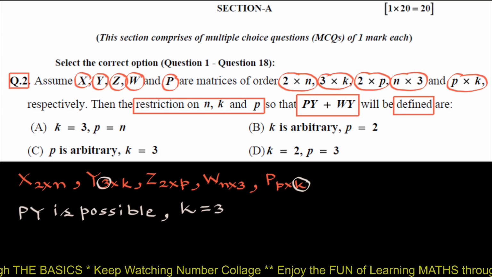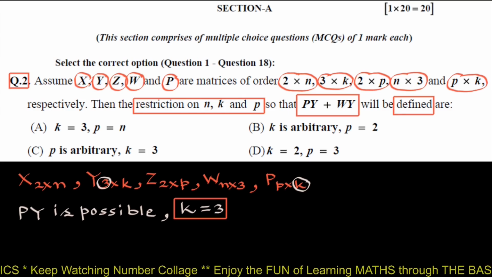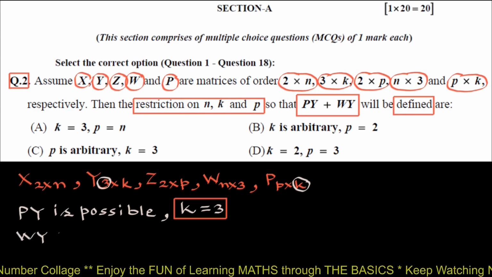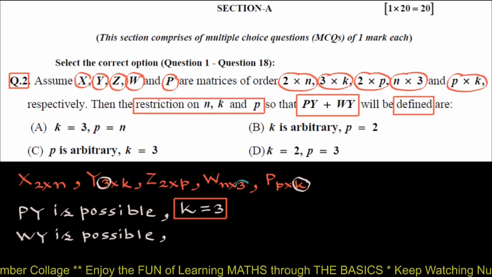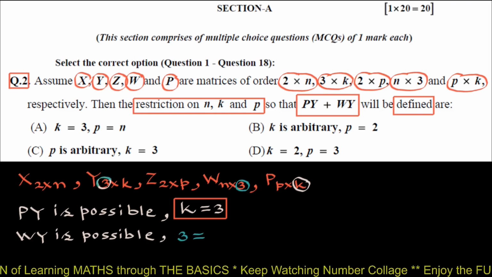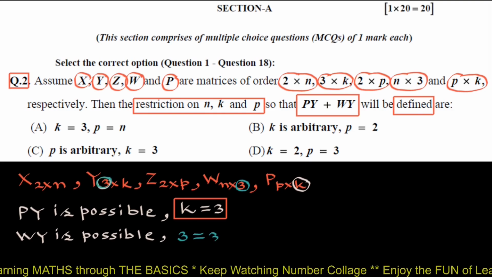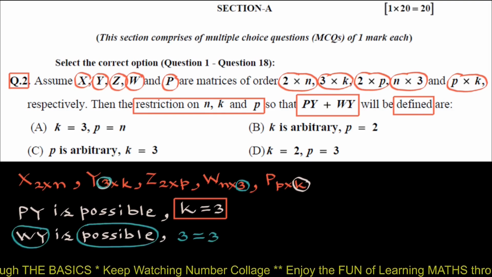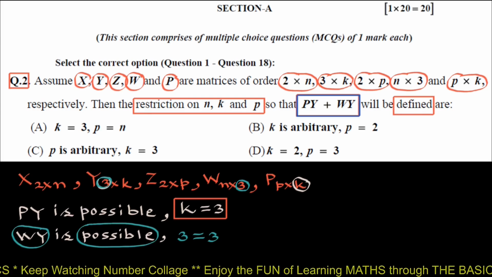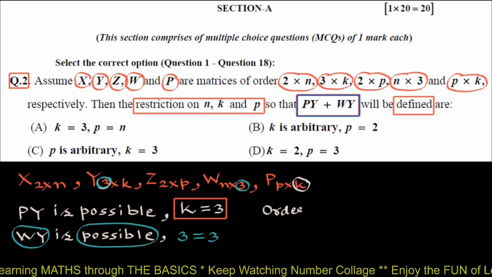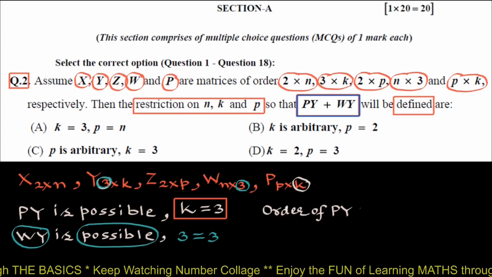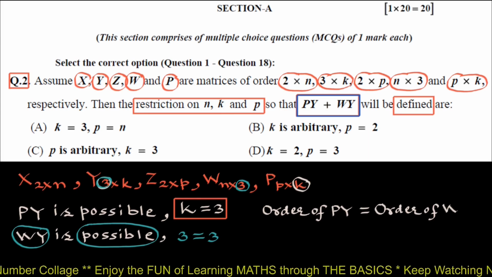So we get k equals 3. Next, matrix multiplication Wy is possible if the number of columns of W is equal to the number of rows of Y, which is 3. Now, the sum Py plus Wy is possible only if the order of matrix Py equals the order of matrix Wy.